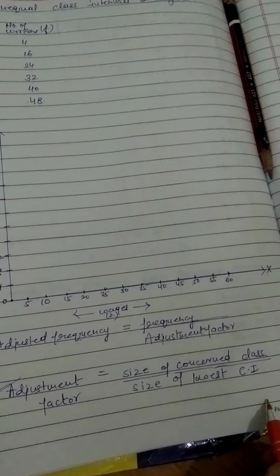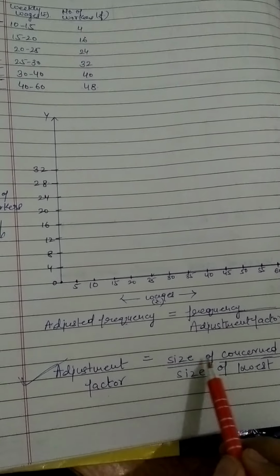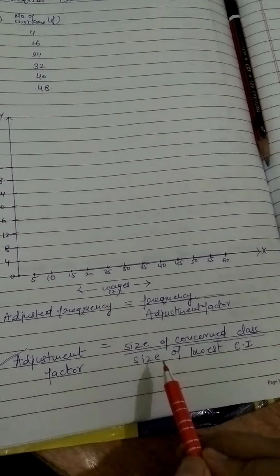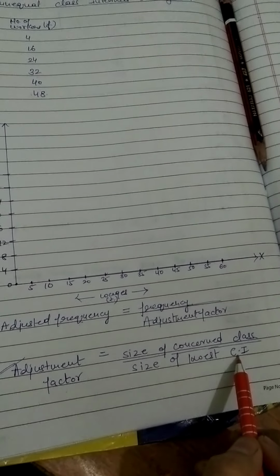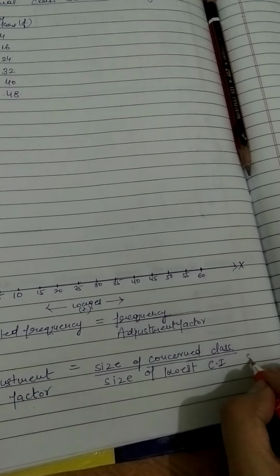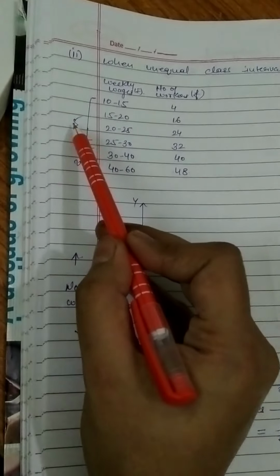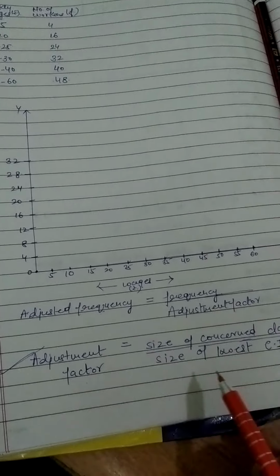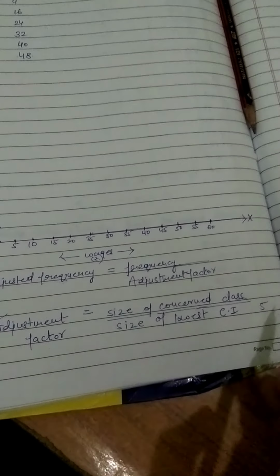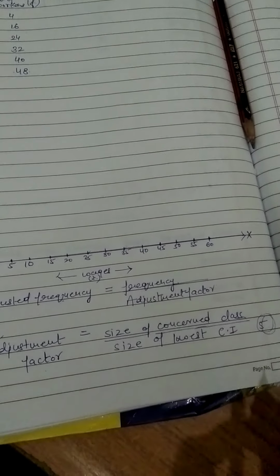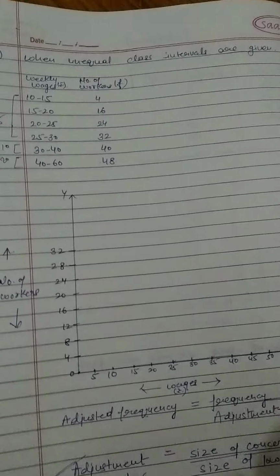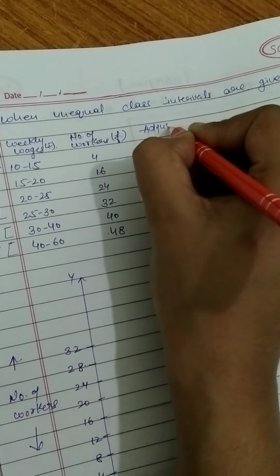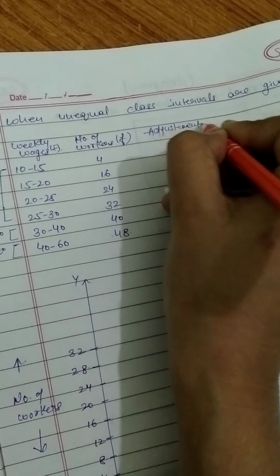So please keep the formula in your mind: size of concerned class upon size of lowest class, and size of lowest class is always same. That is 5, because the lowest class interval is 5. This is same everywhere. Now we will find adjustment factor.